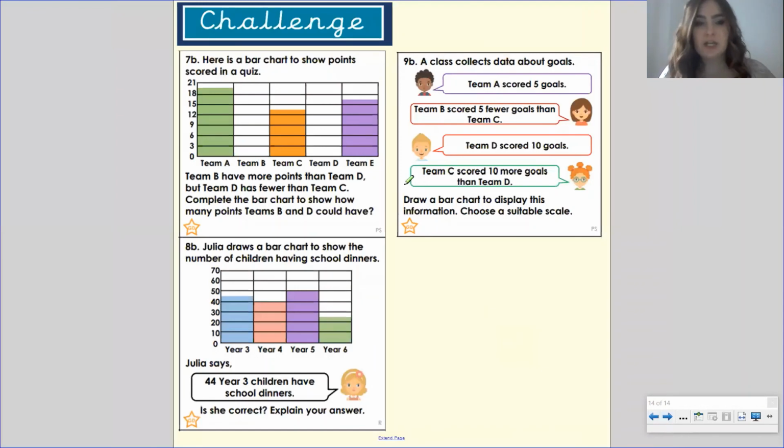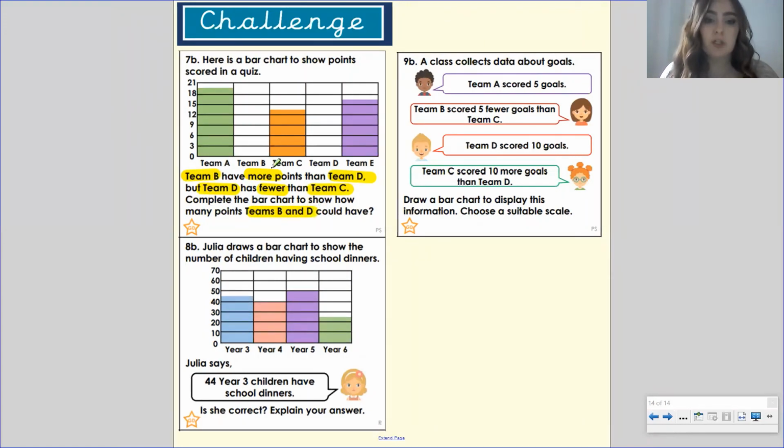And the challenge activity. So you've got 3 challenges here. Here is a bar chart to show points scored in a quiz. Team B have more points than Team C, but Team D has fewer points than Team C. Complete the bar chart to show how many points Team B and D could have.